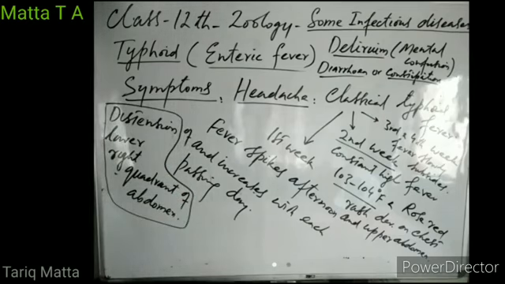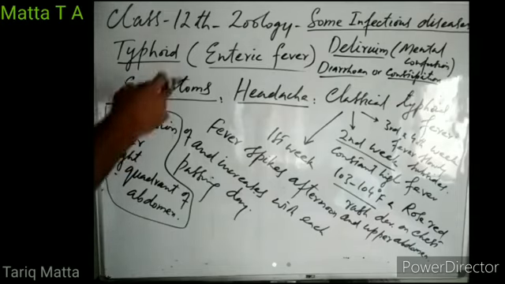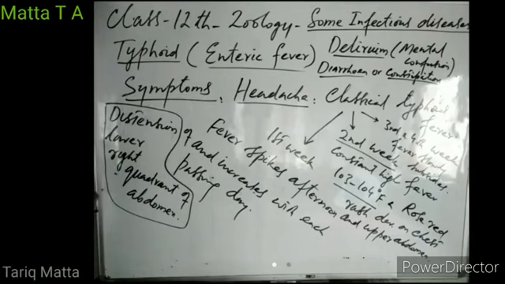The abdomen becomes swollen, particularly in the lower right quadrant, right? Sometimes this is taken as a state of emergency by doctors and the person may be operated upon, right? So this distension of the lower quadrant of the abdomen is one of the symptoms of typhoid, right?